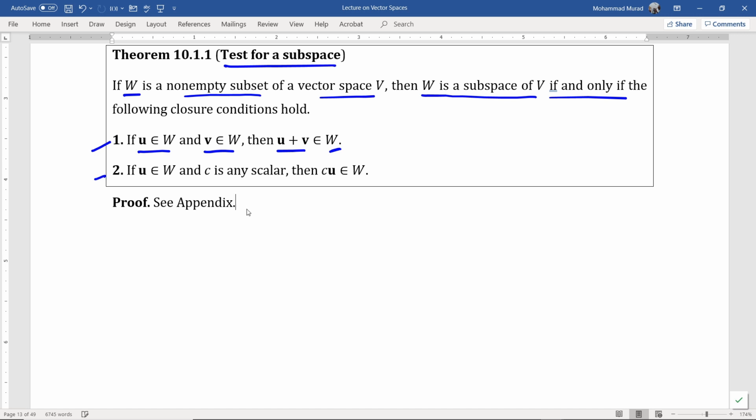Property 2: if u is an element of W and c is any scalar, then the scalar multiple of u, cu, is also an element of W. This property is known as W being closed under scalar multiplication. So if these two conditions hold, then we say W is a subspace of the vector space V.